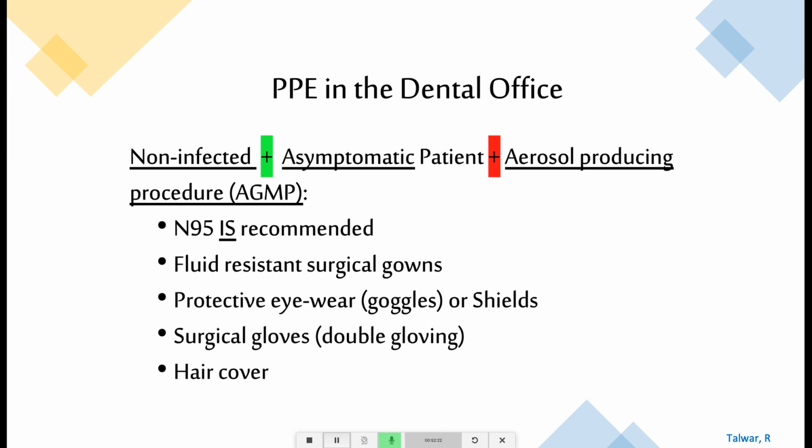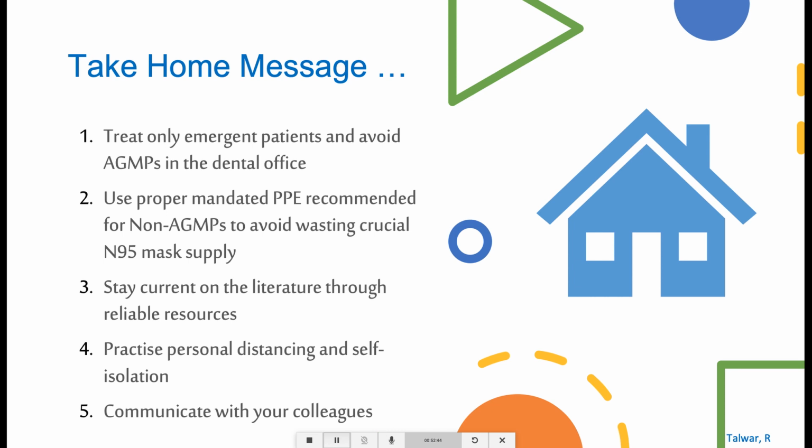However, if they've been on several courses of this and the symptoms are not changing or are worsening, then we have to treat them. In this case, we are using our N95 masks, fluid-resistant surgical gowns, eye protection, surgical gloves, sometimes even double gloving, and hair cover in all cases. We never do any procedures without hair cover. So those are some of the recommendations.